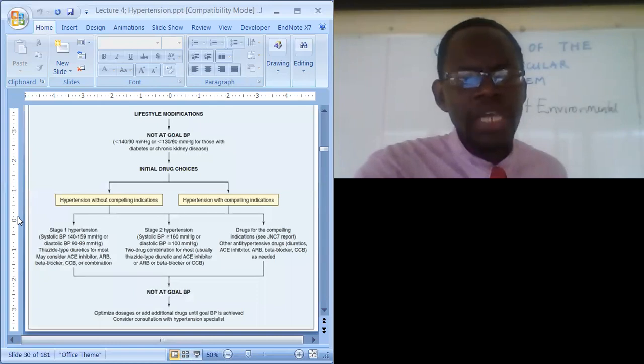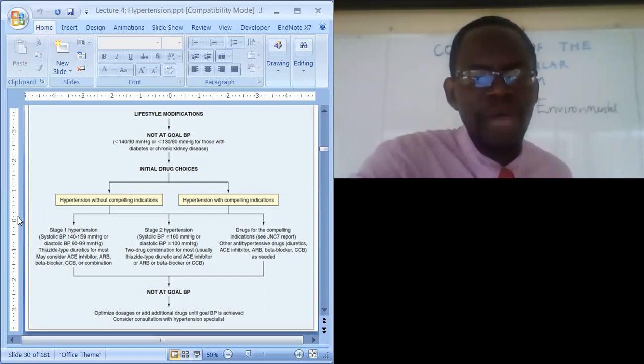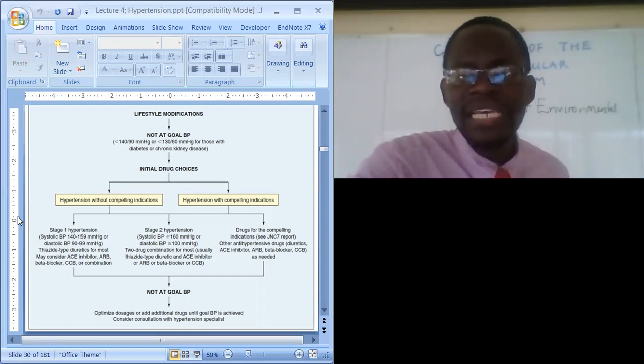Now, below is a diagram that is trying to show us how we manage. We manage blood pressure by giving drugs, and we have drugs like diuretics and ACE inhibitors. Remember, we talked about the ACE enzyme.